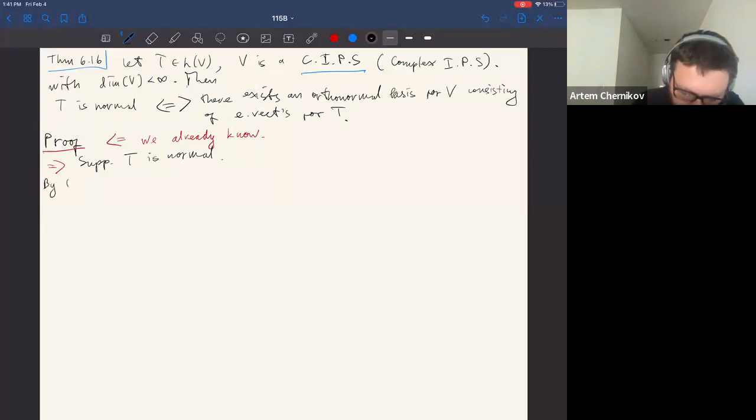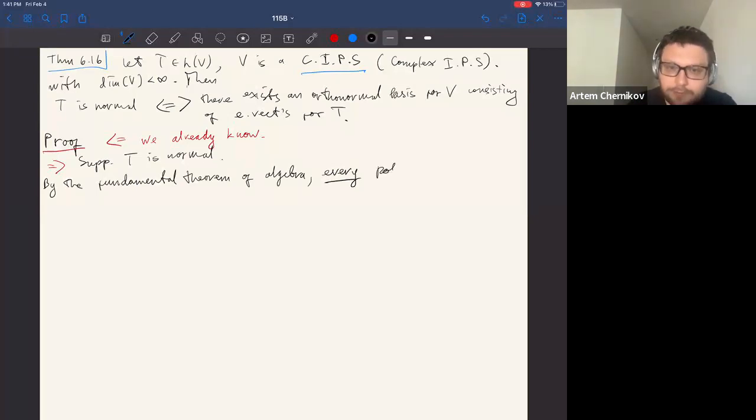Okay, so that's the only reason why we need that this is a complex inner product space as opposed to a real inner product space.